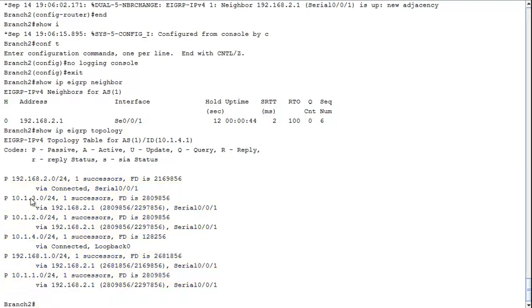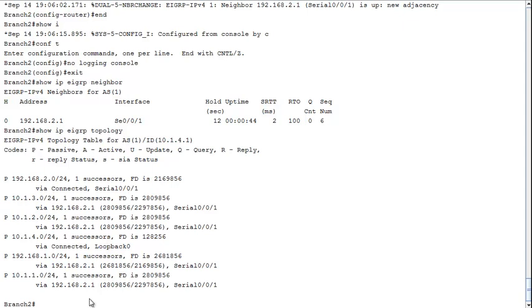And it learned about the 2 network it's already directly connected to. It learned about 10.1.30, 10.1.20, 10.1.10, right? Because HQ knows about those routes because it got them from branch 1. So these are branch 1's routes that HQ let branch 2 know about. So the topology contains all of our routes.